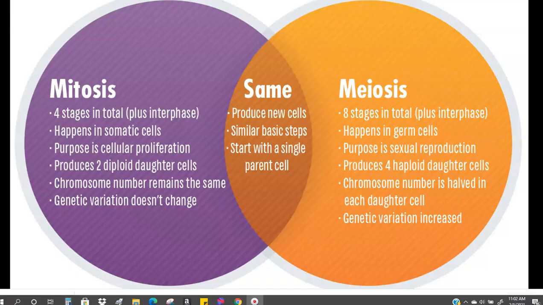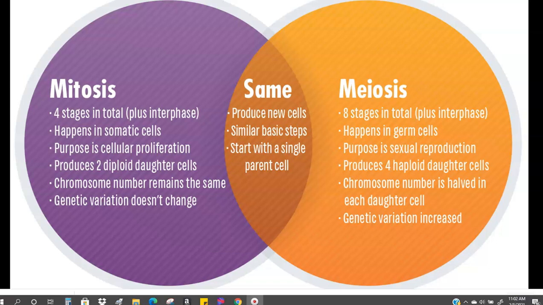So we have prophase 1 and prophase 2, metaphase 1 and metaphase 2. So we divide those 8 stages of meiosis into meiosis 1 and then meiosis 2. But the subphases of each of those are going to be the same.